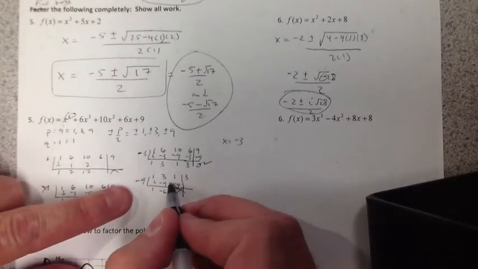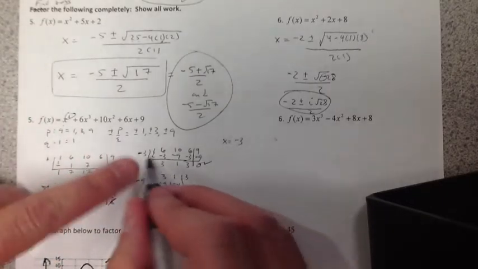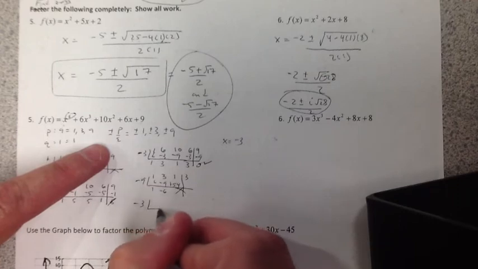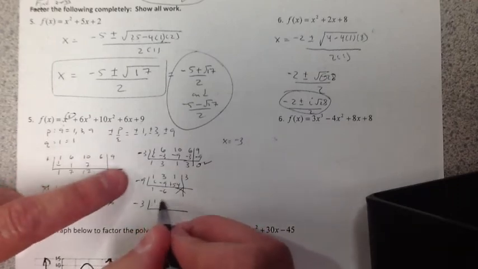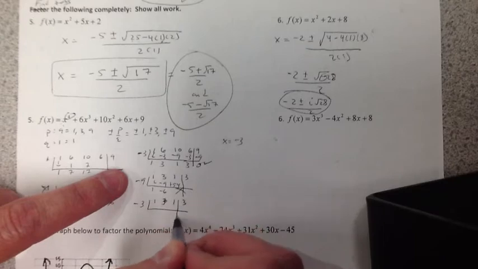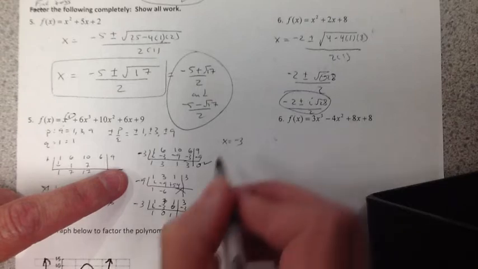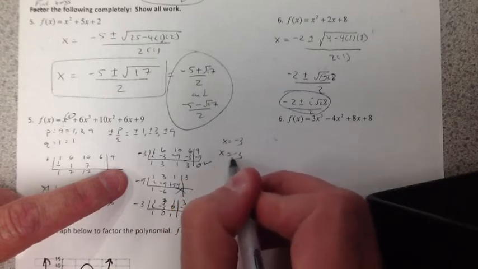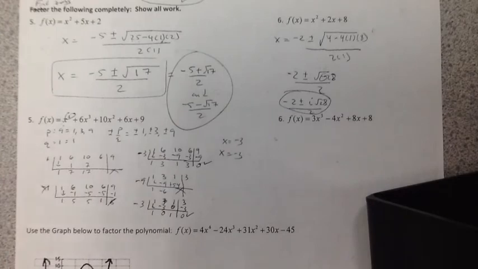So I'm going to try my -3 one more time. Maybe I have a multiple root. 1, 3, 1, 3. 1, -3 is 0, 0, 1, -3, 0. It works. So I have another one at -3. I should have checked that one anyways.